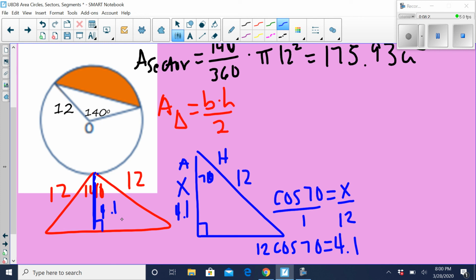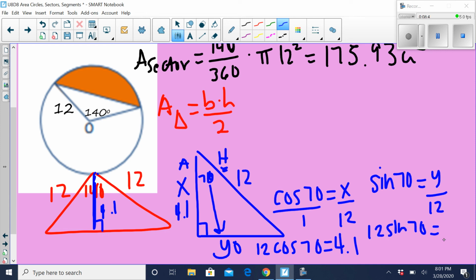I'm going to call the bottom piece y, and from this angle, the 70, this is considered the opposite, and then I have the hypotenuse. So this time I'm going to use sine. Sine of 70 is equal to the opposite over the hypotenuse. Cross multiply once again, I get 12 times the sine of 70. And if I go 12 sine of 70, I end up with 11.28.